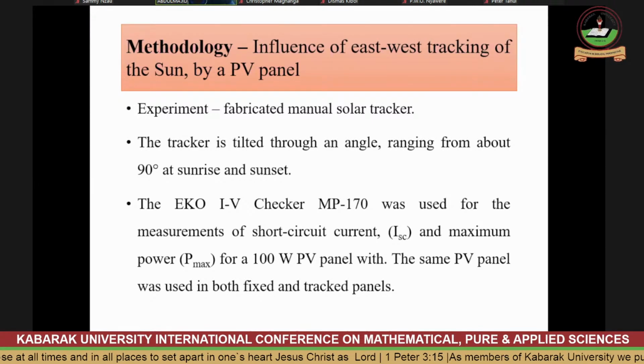The second part is the experiment, which was used to determine the influence of tracking by using a panel and a fabricated manual solar tracker. Here the tracker was tilted at angles ranging from about 90 degrees at sunrise and sunset. An IV checker MP170 was used for the measurement of short circuit current and maximum power, and also open circuit voltage.